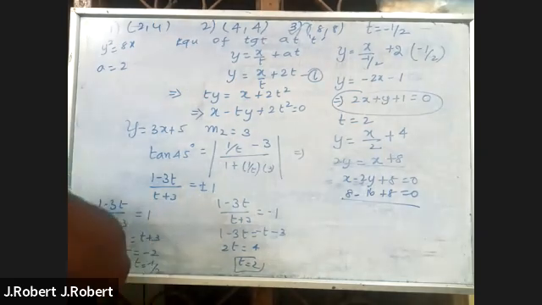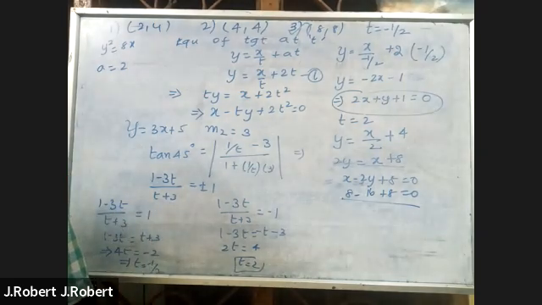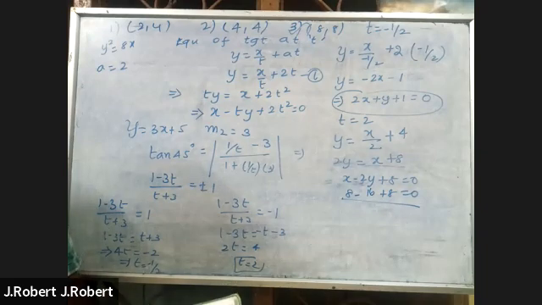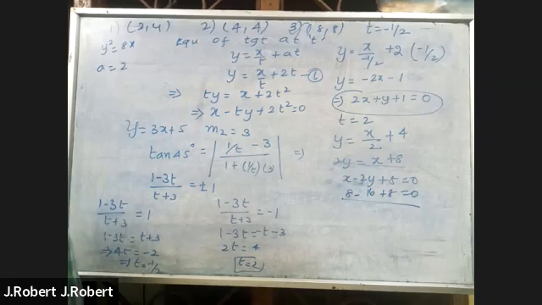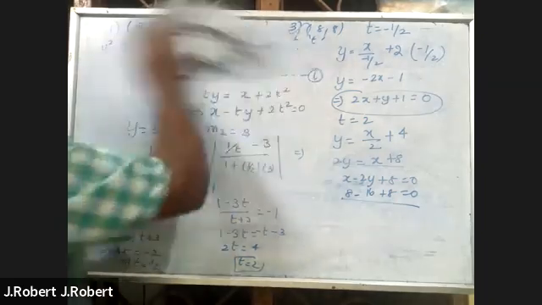The radius of the circle touching the parabola at 1 comma minus 1.